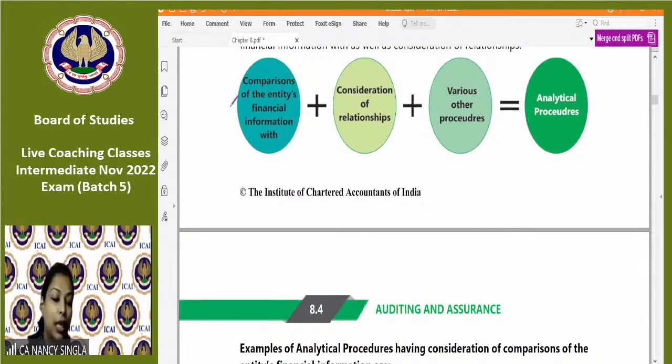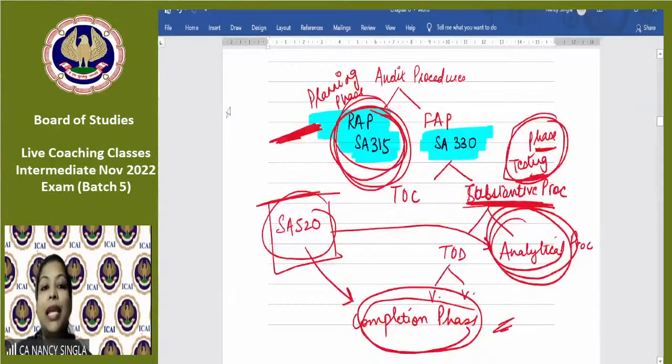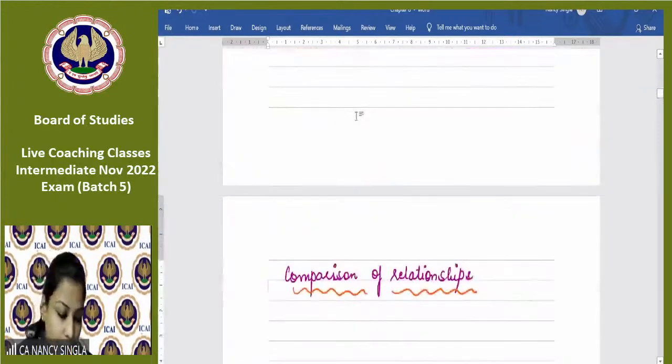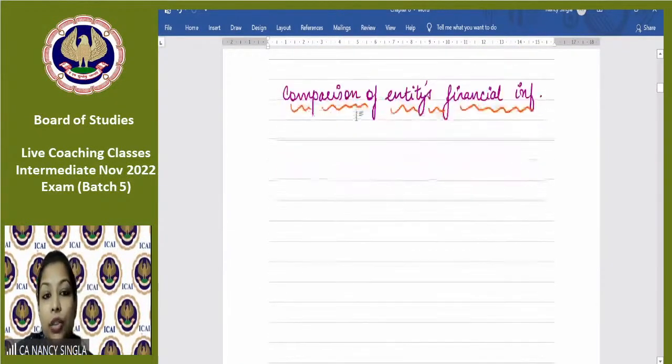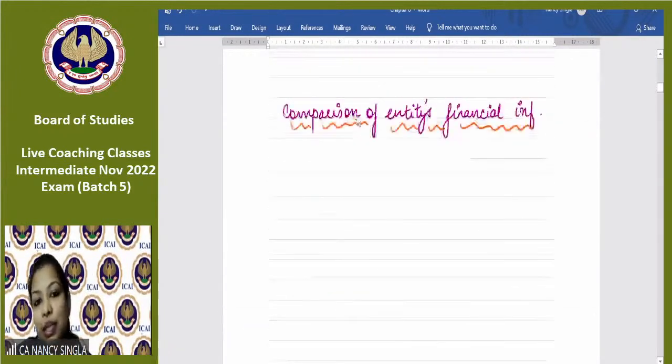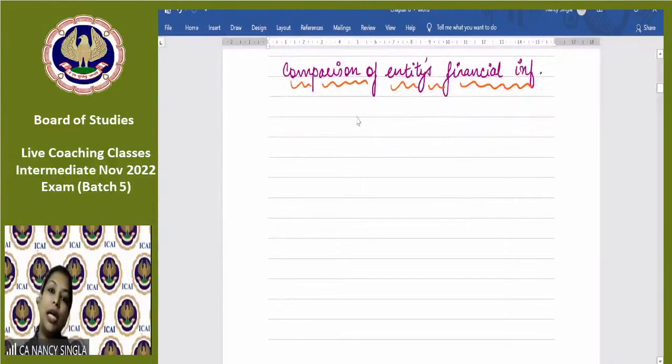Okay. Now, students, when the auditor is applying analytical procedures, it includes comparison of entities' financial information. Now, quickly tell me what all comparisons can be done with entities' financial information.